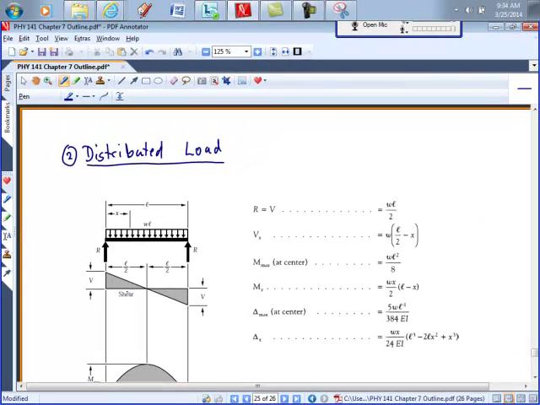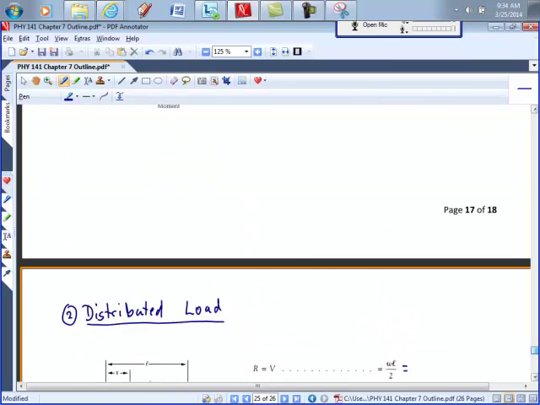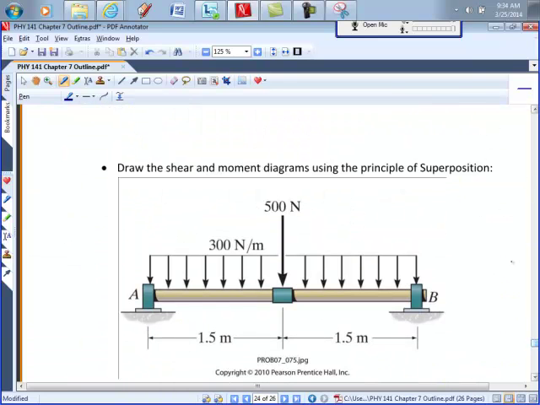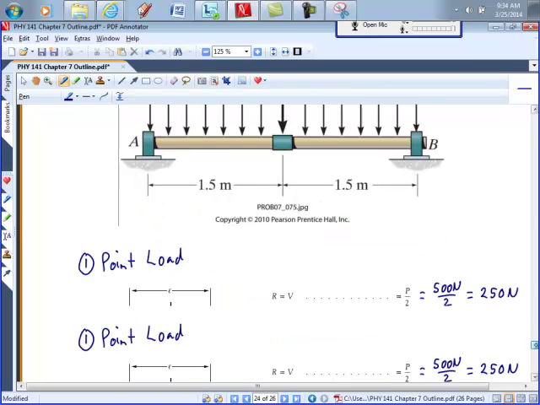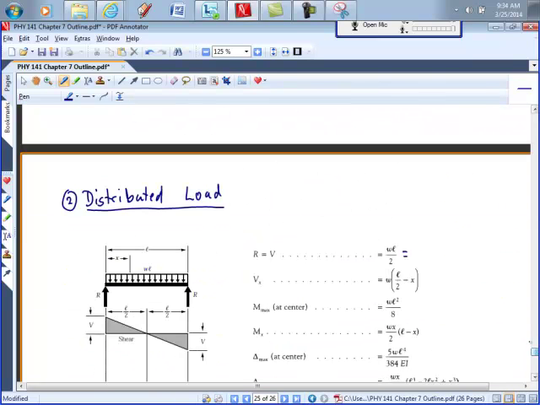Okay, so we have our maximum shear, which is going to be at the ends, and it's going to be WL over 2. So from our problem, W was 300 newtons per meter, L was 3 meters, over 2.